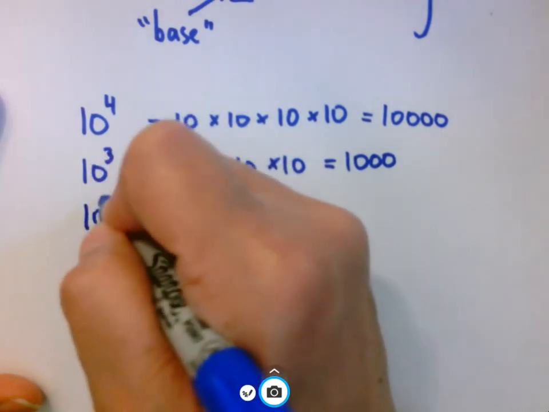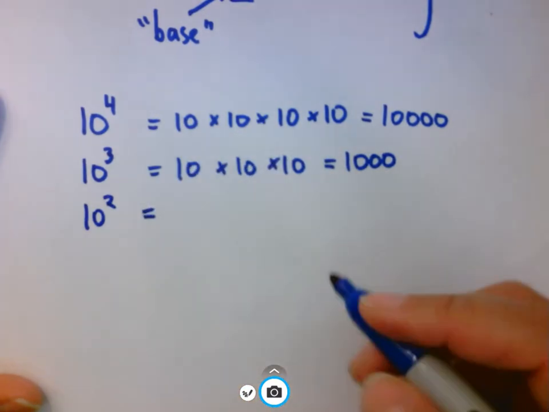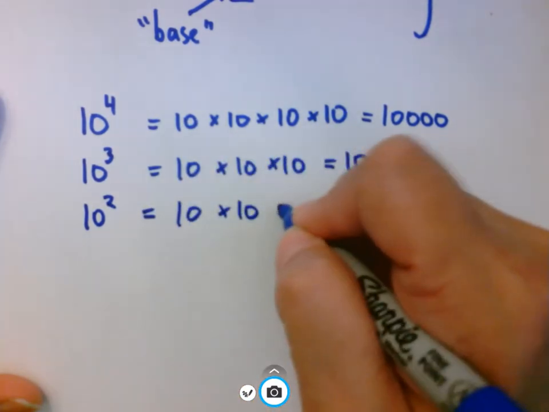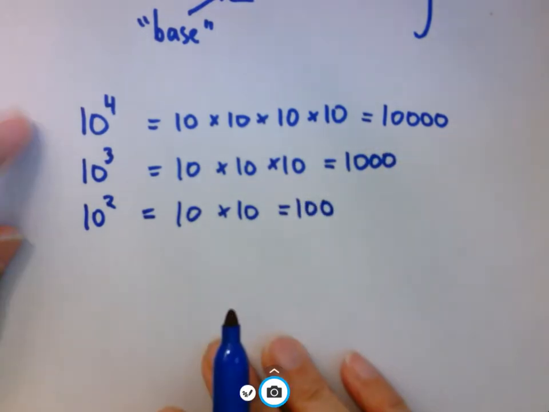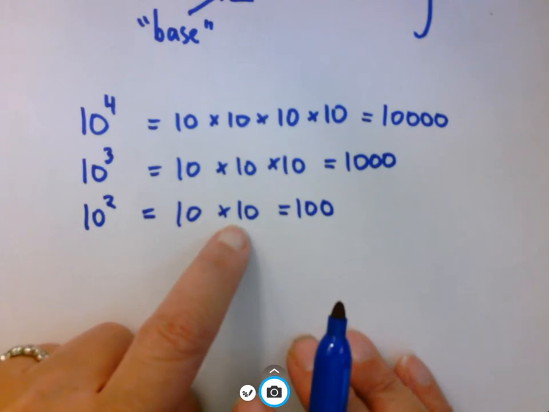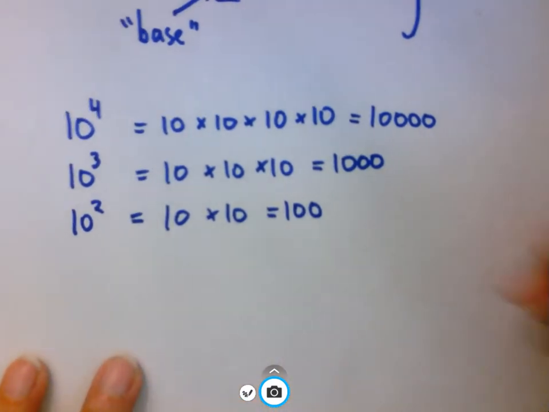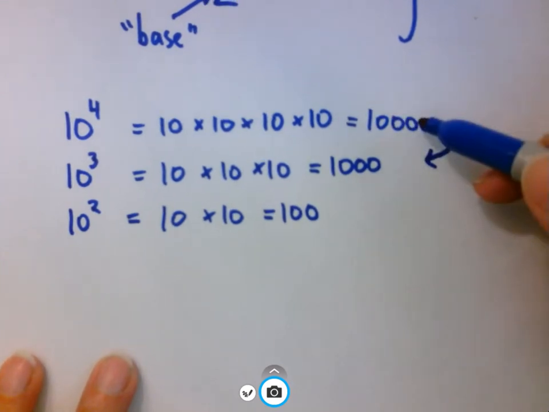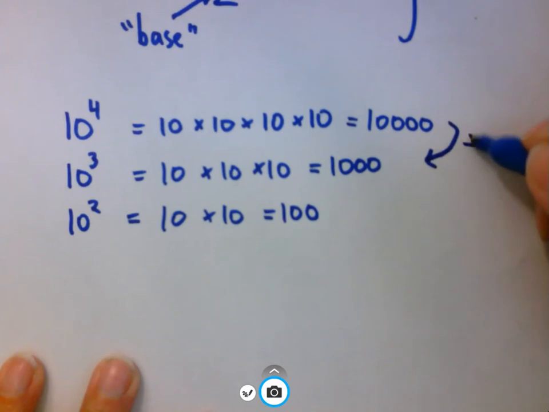I'm going to reduce the exponent again. That's going to be 10 times 10, which is 100. Notice every time I reduce the exponent, I'm multiplying by one less 10. And if I look at just the answers, to get from 10,000 to 1,000, you divide by 10.